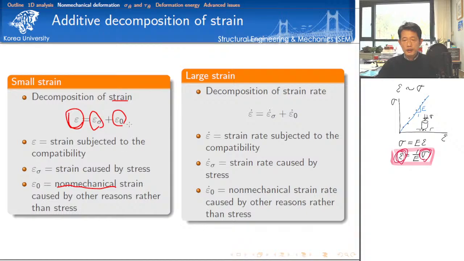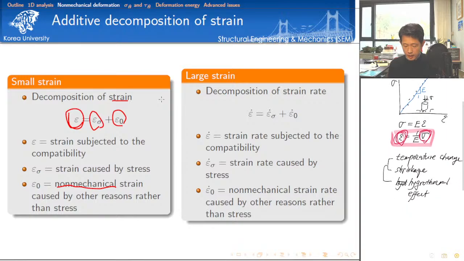It can be caused by temperature change, or it can be caused by shrinkage of material, and these two are called hygrothermal effects.